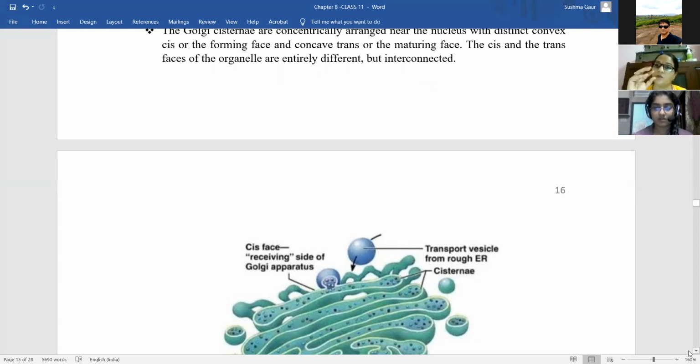Then the main function of this Golgi is to transport the proteins to their destination. Like there are some proteins that are to be sent to, let's take an example, the lungs, then they will be sent there. Some proteins are to be sent to the liver, then they will be sent to the liver with the help of this Golgi.